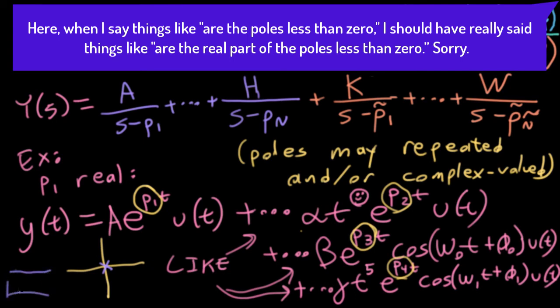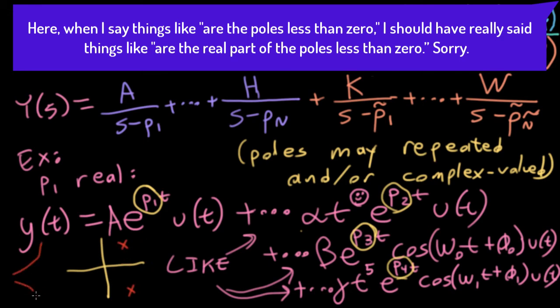Now, if I have a pole just sitting here at the origin, well, that's just a unit step function, so that's just a constant. But now I have to be extremely wary, to the point of bringing out the red color here, of these signal poles on the right-hand side. If I have one over here on the right-hand side, then the output is going to expand exponentially.